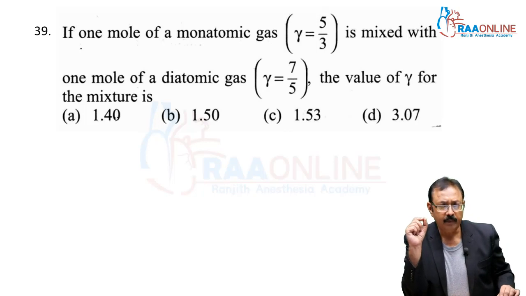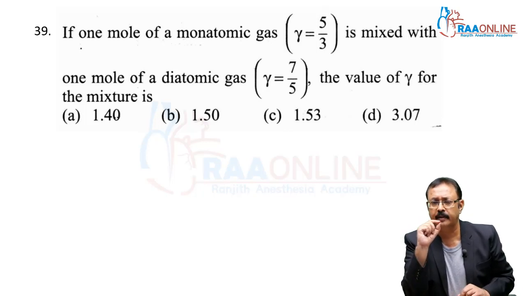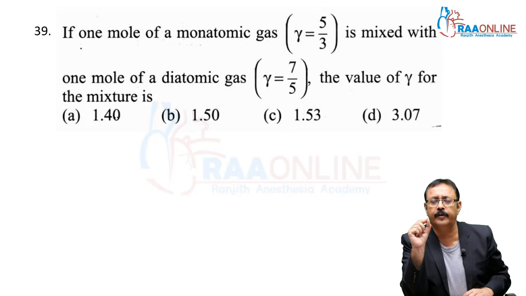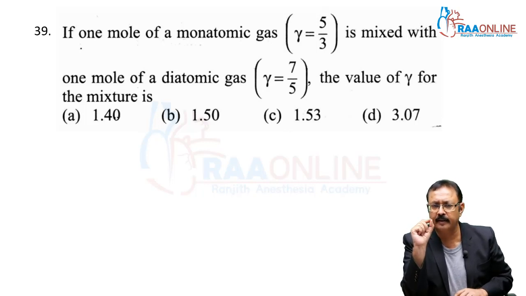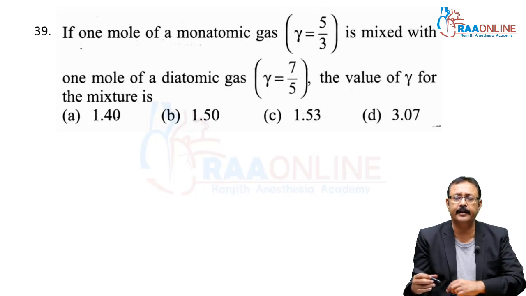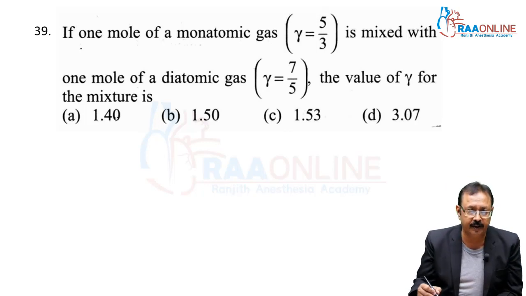Next, 1 mole of a monoatomic gas, gamma equal to 5 by 3, is mixed with 1 mole of a diatomic gas. Very important type. Again, we want to calculate gamma for the mixture.